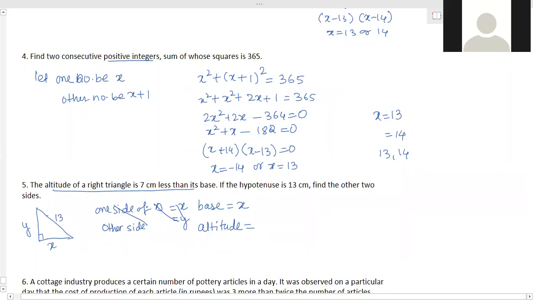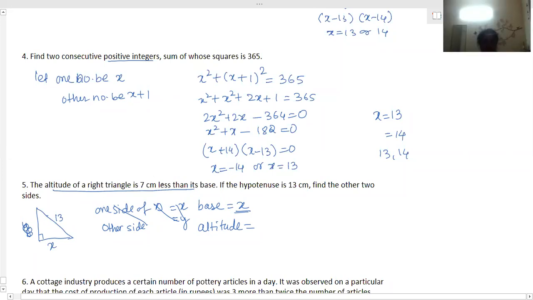Then y minus. What is the base here we have taken? x, ma'am. So what is the altitude value? y. Okay, y. And what is the value of that y in terms of x?